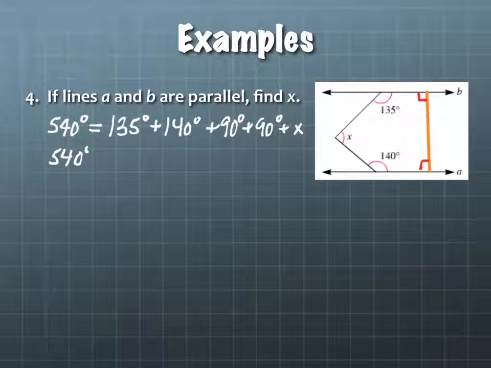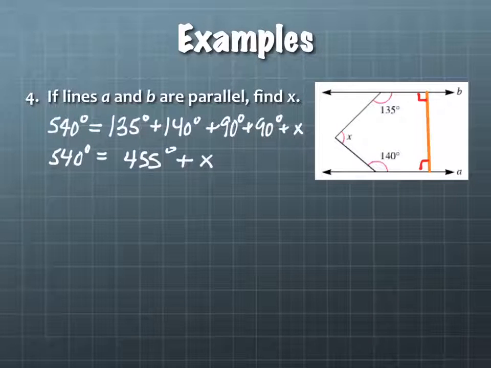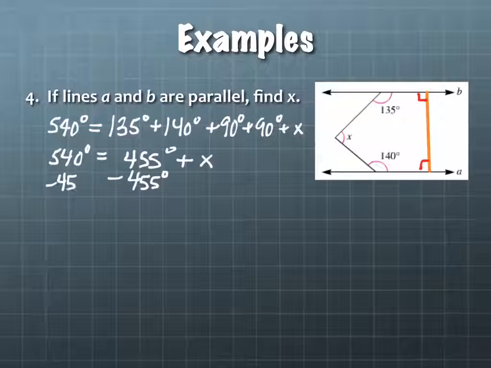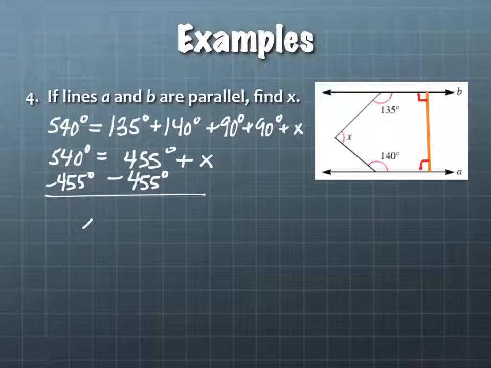So what is the sum of 135, 140, 90, and 90? 455? Then what would x be? X is 85. Okay, I like that particular method just because it seems so clean.